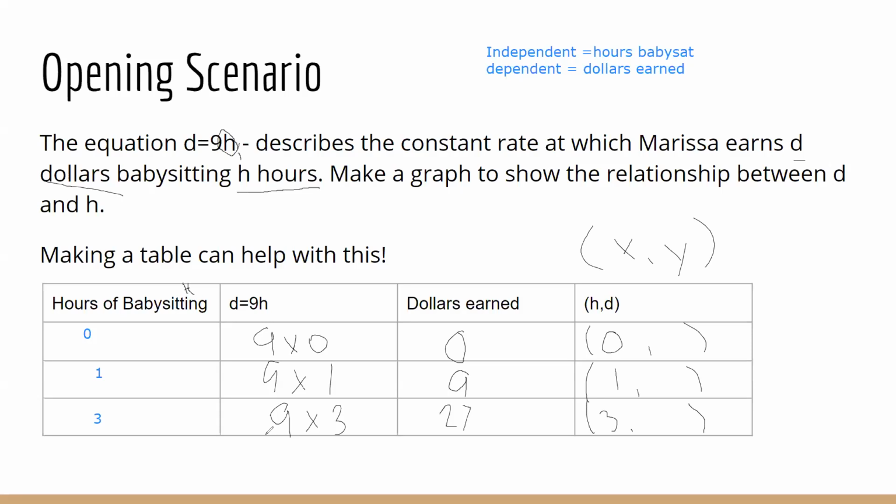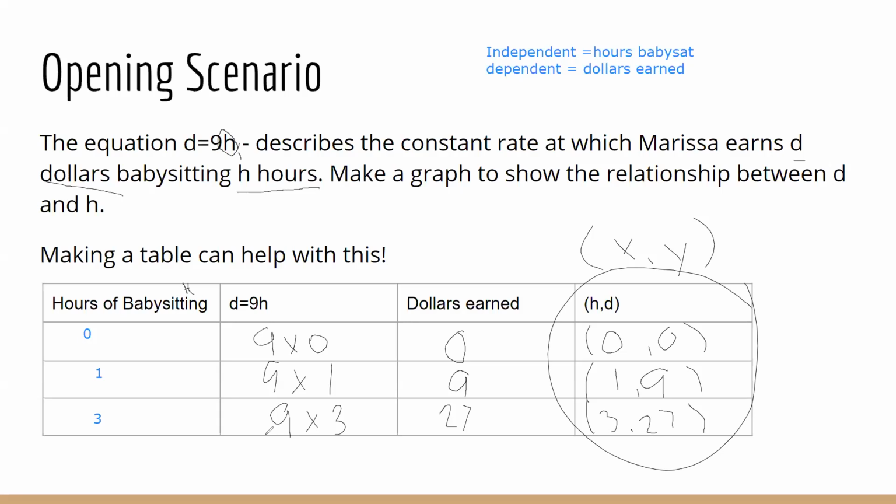So then my Y is going to be my end result, or my dollars earned in this situation. So if I worked 0 hours, I earned 0 money. If I worked 1 hour, I earned $9. And if I babysat for 3 hours, I earned 27. Okay, so those are the numbers that I'm going to use to graph. So the (0, 0), the (1, 9), and the (3, 27) are what I'm going to use to graph.